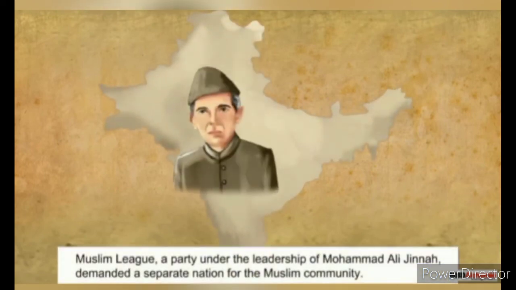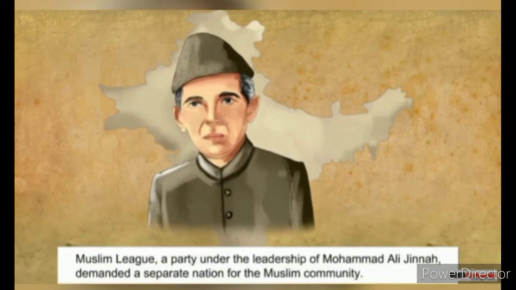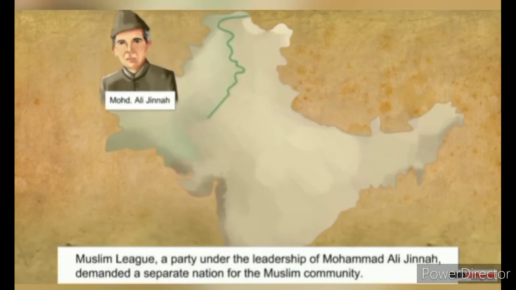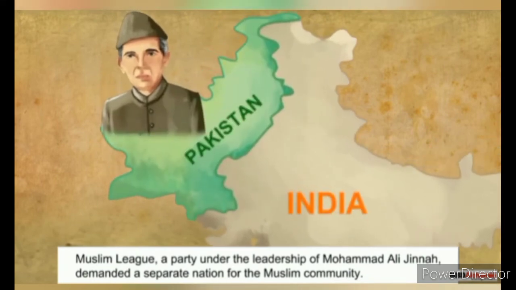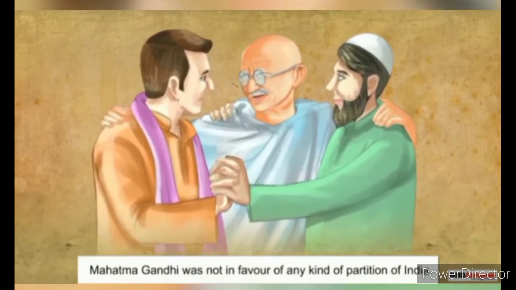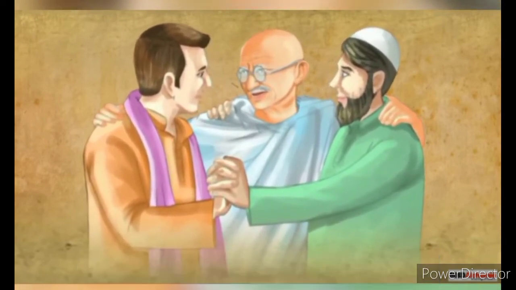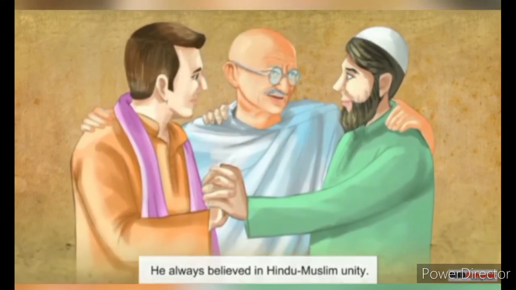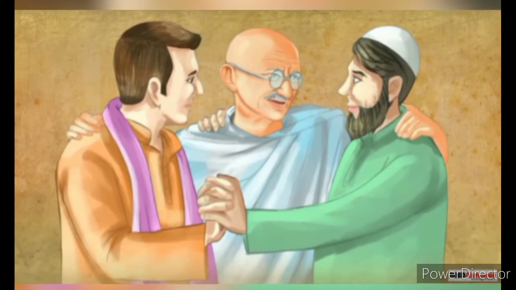Meanwhile, the Muslim League, a party under the leadership of Muhammad Ali Jinnah, demanded a separate nation for the Muslim community. Mahatma Gandhi was not in favor of any kind of partition of India. He always believed in Hindu-Muslim unity, but he could not prevent the partition.